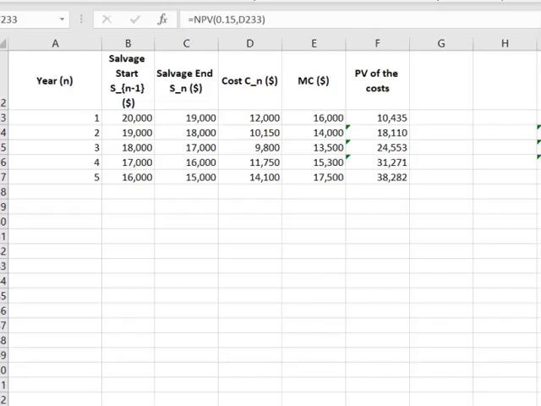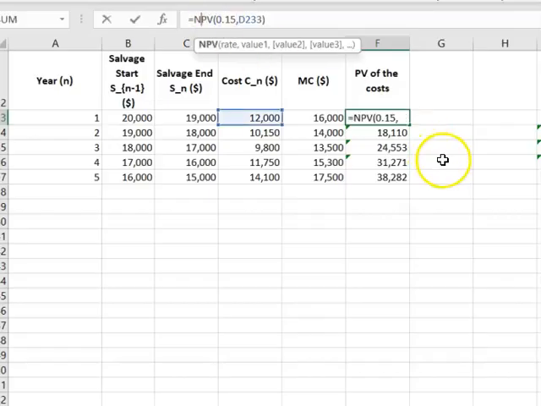To calculate the PV of costs, the best formula is NPV. So we start NPV for year 1. NPV rate 15%, and the only value that we have for cost when we are about to use the car only for 1 year, it is just this value.